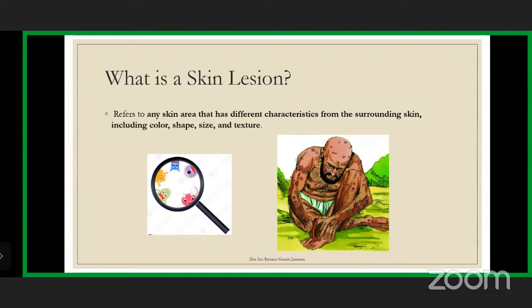Well, it refers to any skin area that has different characteristics from the surrounding skin, including color, shape, size, and texture. So considering this definition, we can watch and talk about it in order to describe a skin lesion.